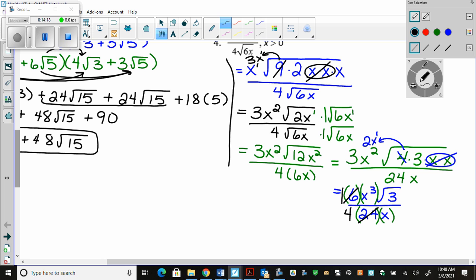And then the x cubed and the x, I can take a 1 out. So this x cancels off, and then this one I'm left with x squared. So that's going to be x squared root 3 over 4. And we have to follow behind with x has to be greater than or equal to 0 because there was an x under the radical, right?